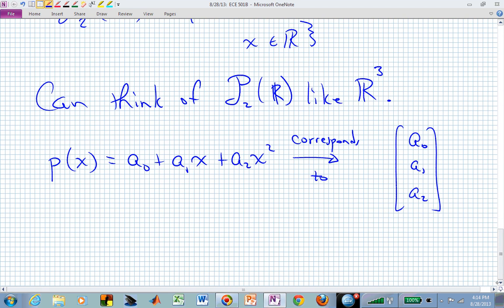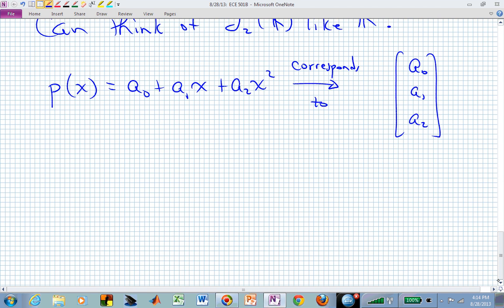If that's not enough, suppose we look at a different vector space. Again, I'm trying to get you to think of these concepts or ideas as more than just column vectors. Let's say that we now want to look at the vector space of 2 by 2 matrices.